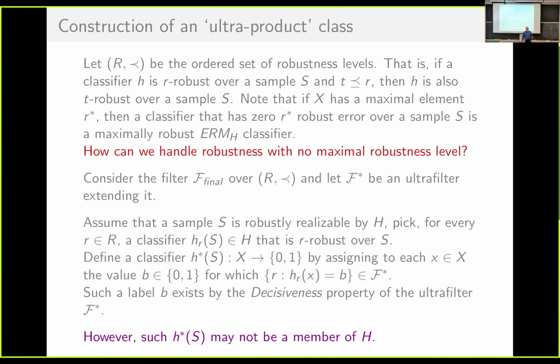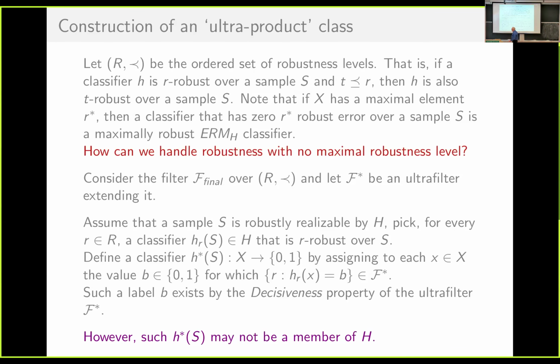So maybe I started with a class of finite VC dimension, but it's not ERM because I'm picking a classifier outside the class. So the problem is that I now need to extend my class to include all those limit classifiers. And the question is, what will happen to the VC dimension when I go to the new class? Maybe it will blow up because I add lots of classifiers.